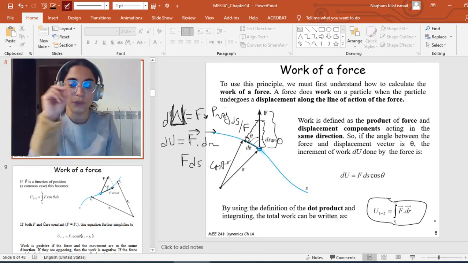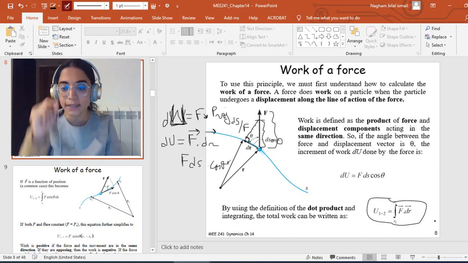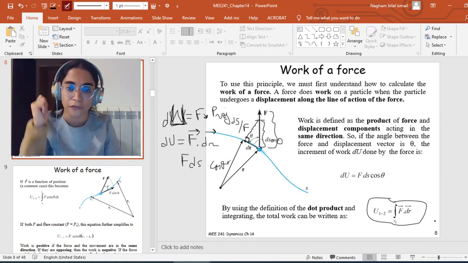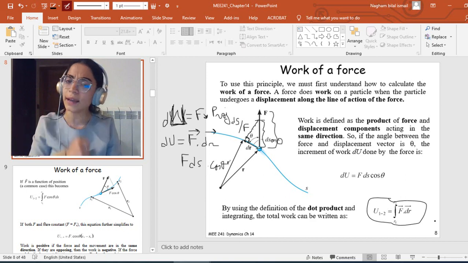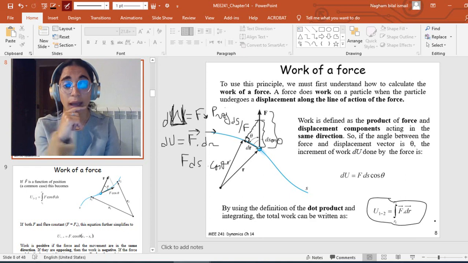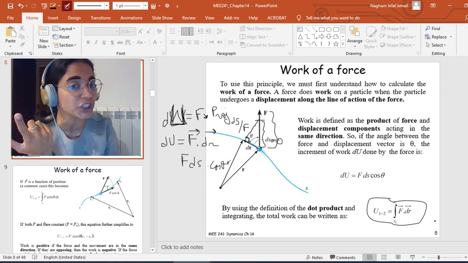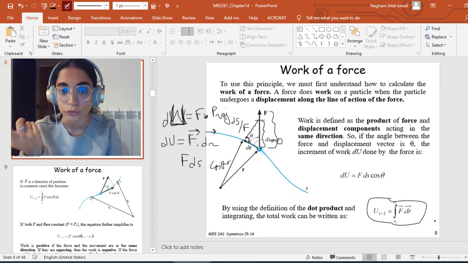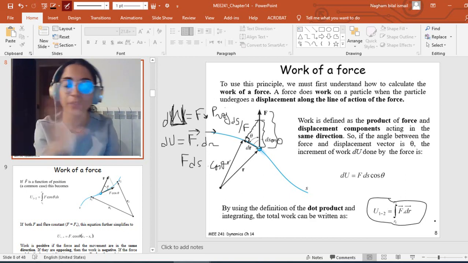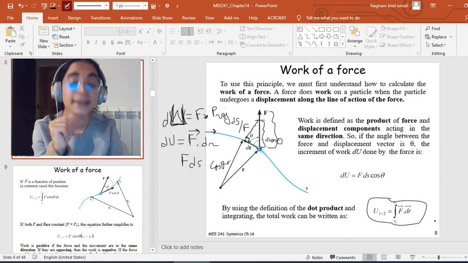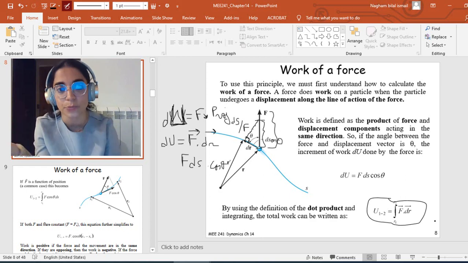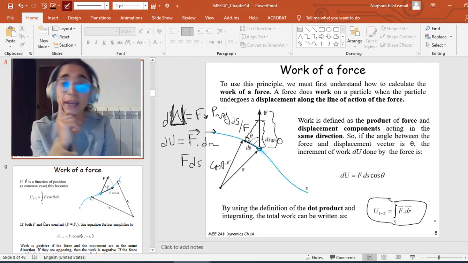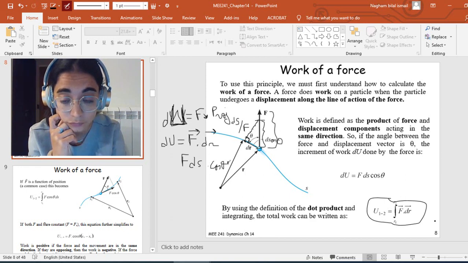The work between position 1 and position 2 is equal to the integration of F dot dr. Can I remove F from the integration? In fact, I can only remove F from the integration if F is constant with respect to the position. In other words, if F is independent of the position, then I can say that F is constant with respect to position, and then I can remove this F from the integration.